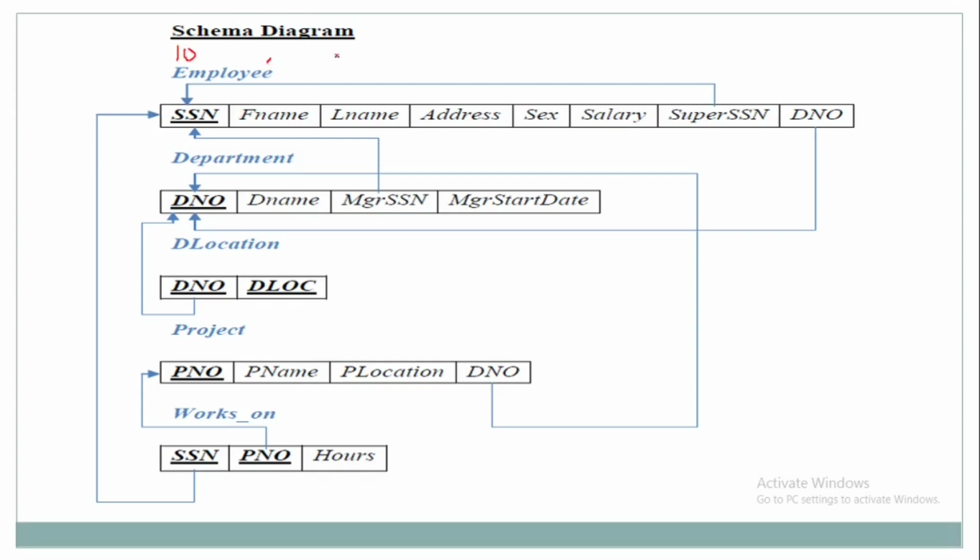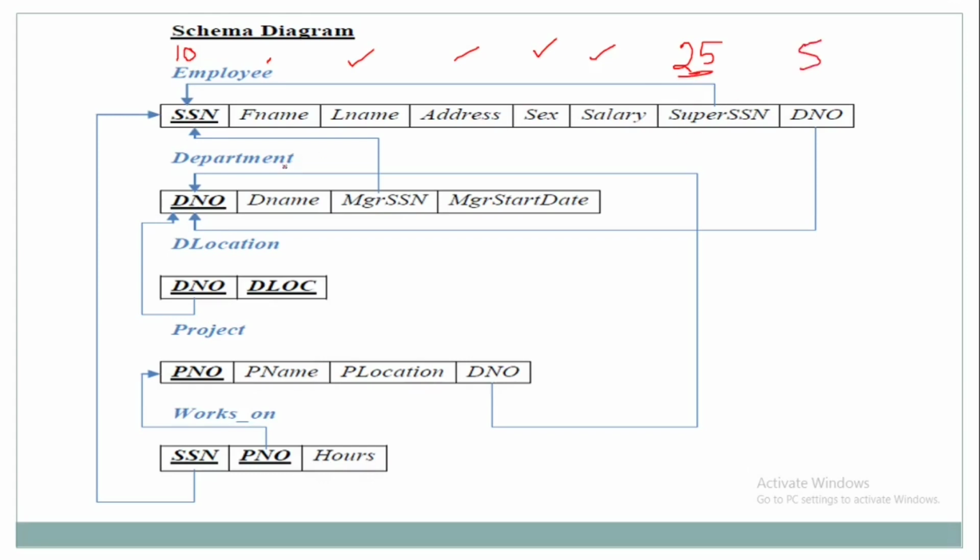We have first name, some XYZ, address, some random place, gender and salary, and let's say the supervisor of the employee with SSN 10 is 25. And the department number is 5.